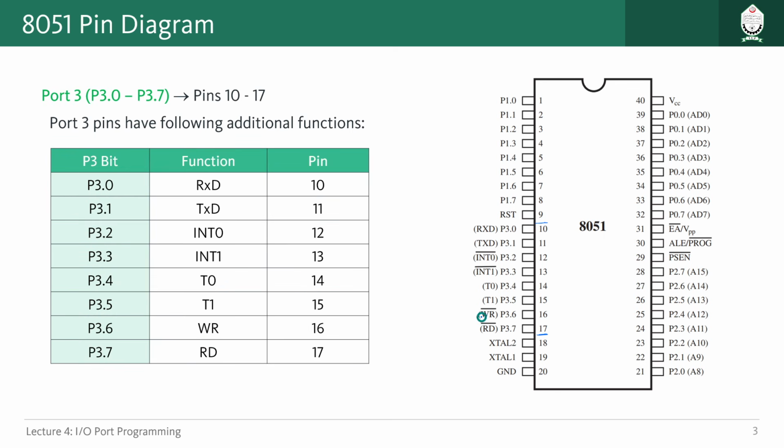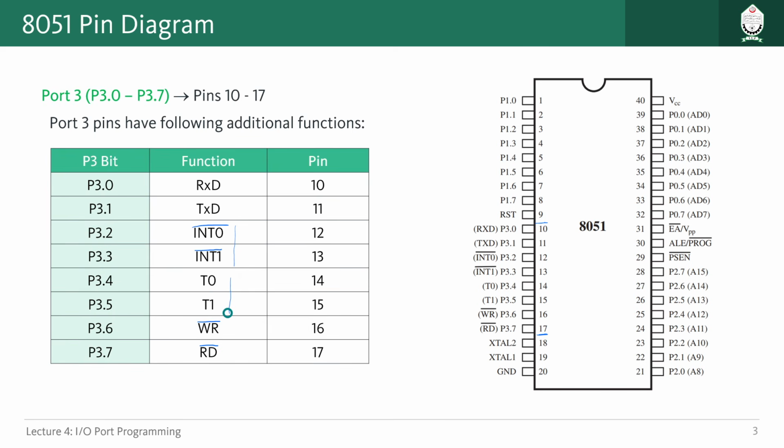Another thing you have to understand: this one is active low, this one is active low, and also these two are active low. For now, we don't have to understand anything about these functionalities. We can skip those because for each of these topics we will have dedicated chapters to understand how they actually work.